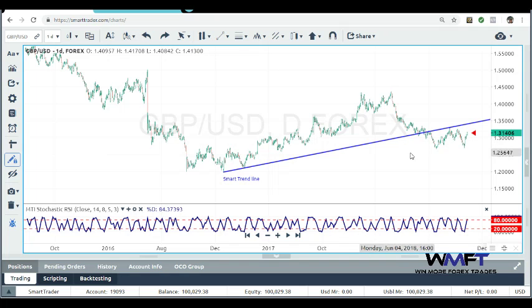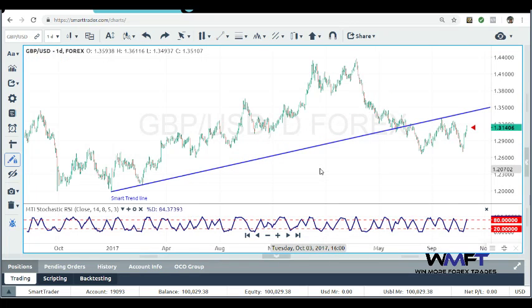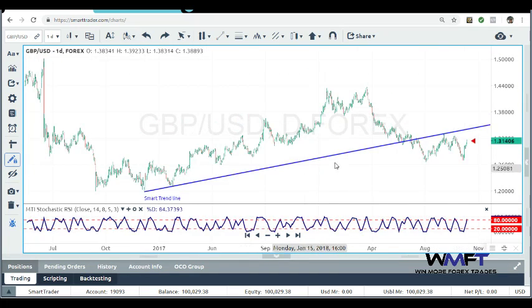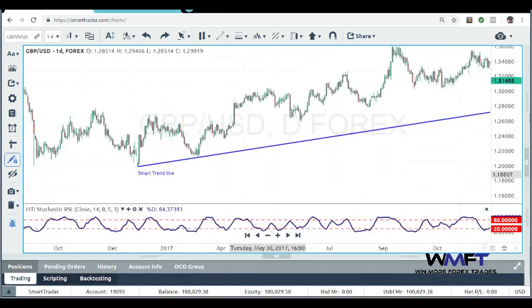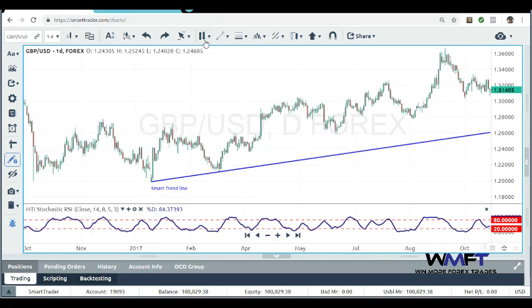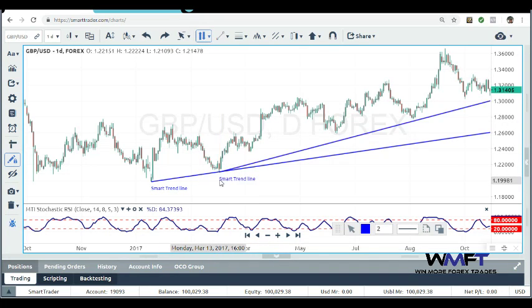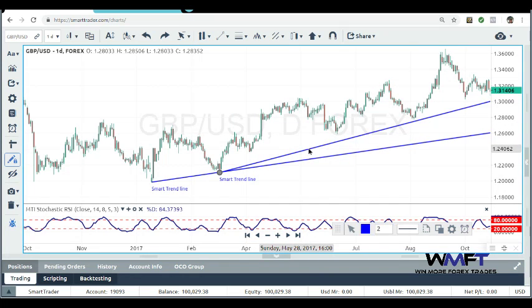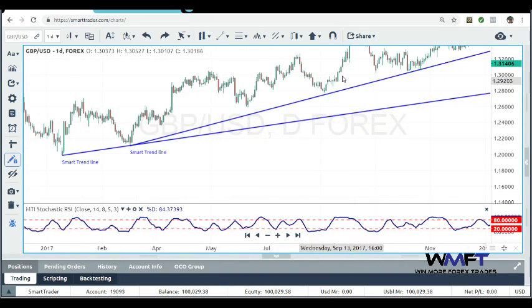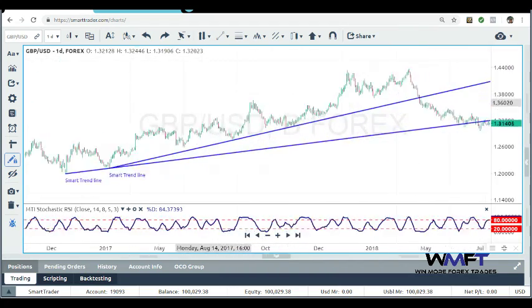Alright, find my next touch. Alright, there's our next touch. So we have an outer trend line and we have an inner trend line. Let's reset that, and we're going to extend.